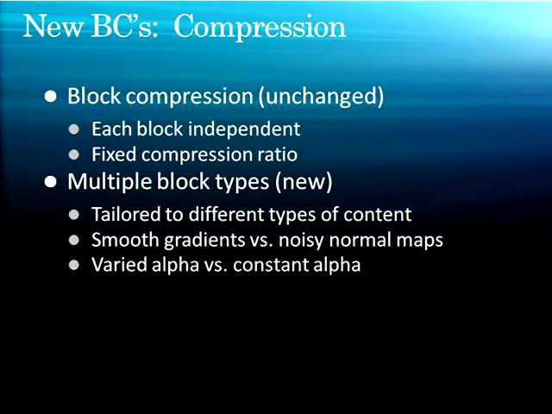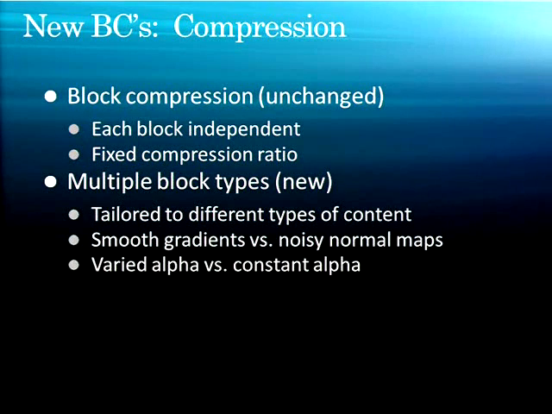Versus if you have a sort of very noisy image, right? Well, you don't need as much fidelity for each individual color, right? But you want to be able to represent that full space. And so the kind of interpolation you're going to use for those two different things is going to be very different. We also, I should say, this new compression scheme takes into account varied alpha versus constant alpha.